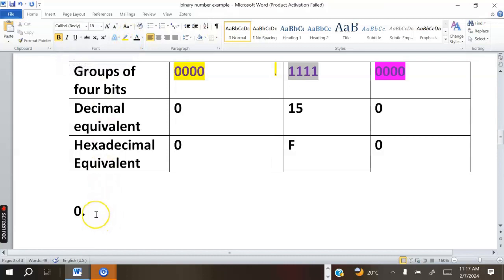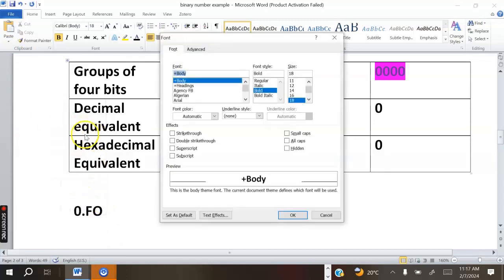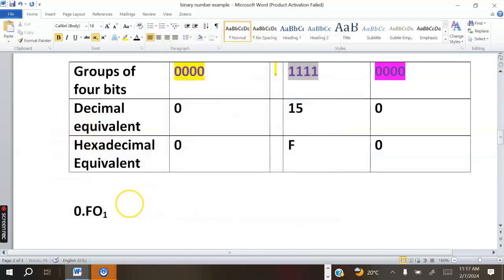Then we have F and 0. Then we give it the base. Remember the rules for the base. The base is supposed to be base 16. Base 16, just like that.